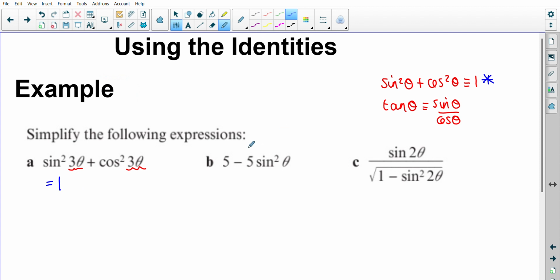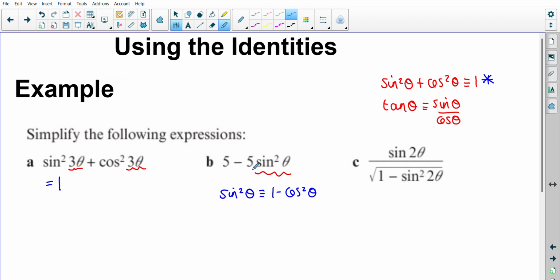This one, I'm looking at this bit and comparing against the identities. I've got a sine squared theta in my identity. Now I don't have a cos squared theta, so I'm going to rearrange this. I'm going to say sine squared theta equals 1 minus cos squared theta. So I can be using that.